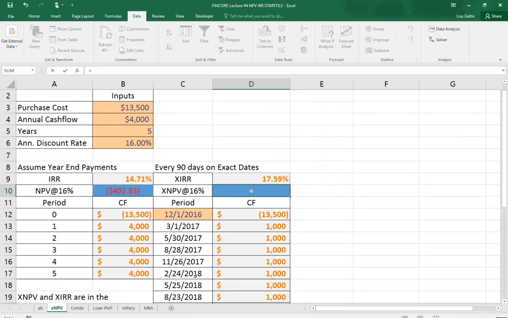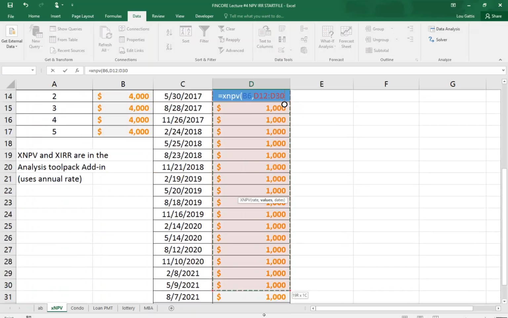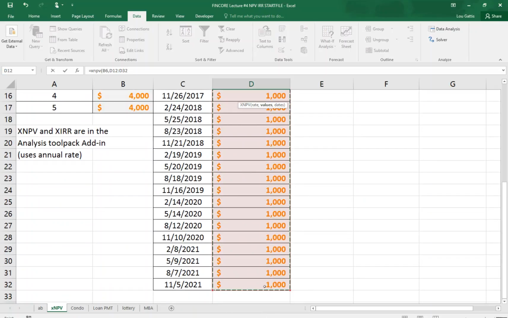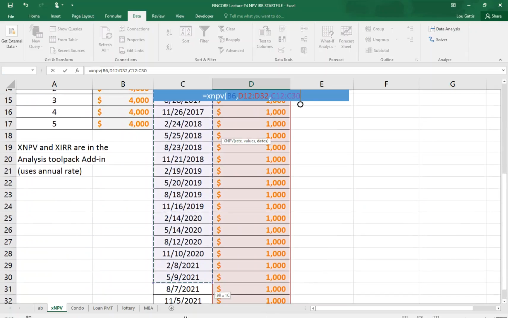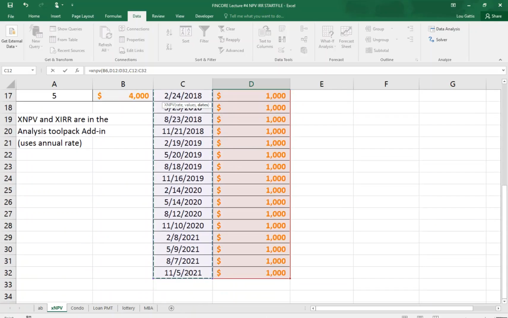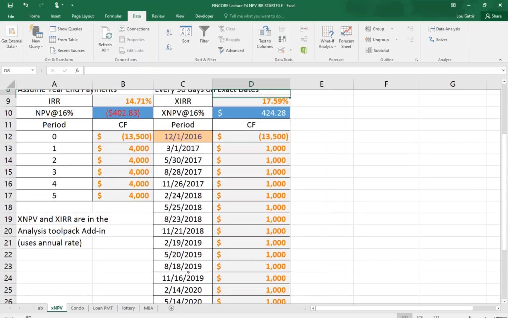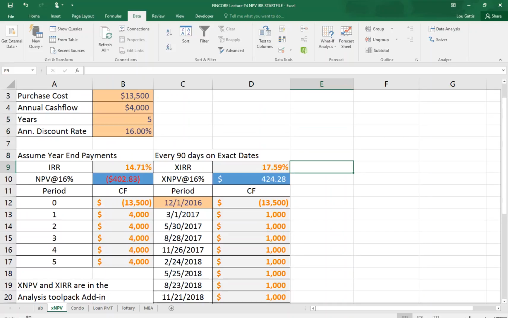And then we can calculate the XNPV. We'll put in the annualized discount rate, all the values, and all the dates. And notice that if we just assumed annual payments, it says that we'd have a negative NPV of $402.